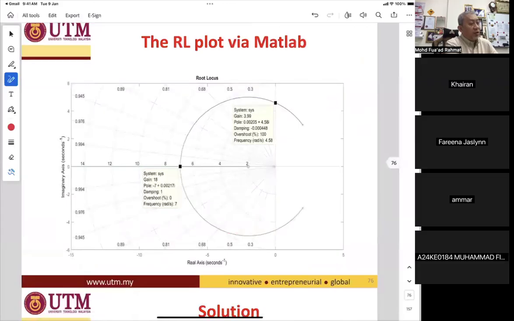So the plot is given here, full scale, as shown in slide number 76. So this is the j omega crossing of the root locus.